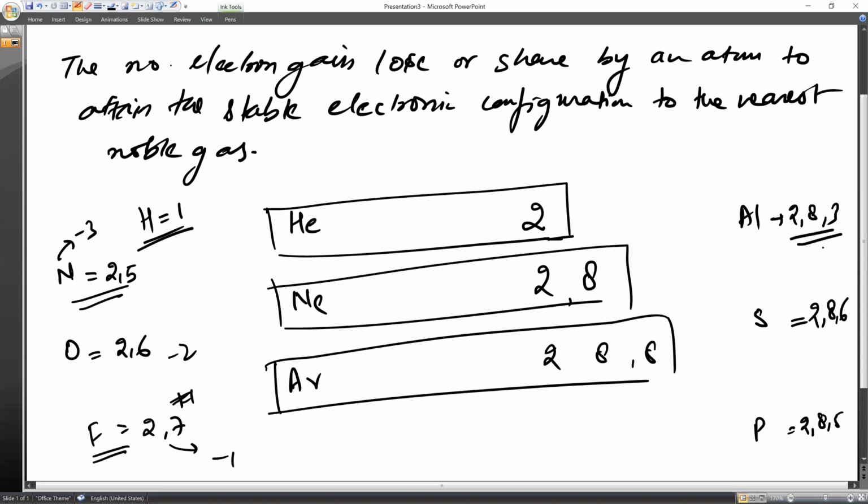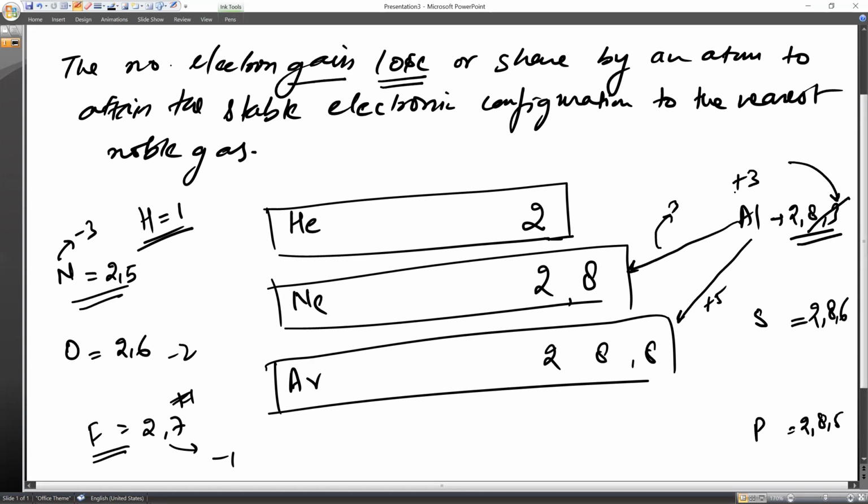The nearest noble gas of aluminium is neon. It needs 5 electrons to have the configuration of argon, but to get neon's configuration it will just donate 3. So it will lose 3. If it is losing, its valency is +3.